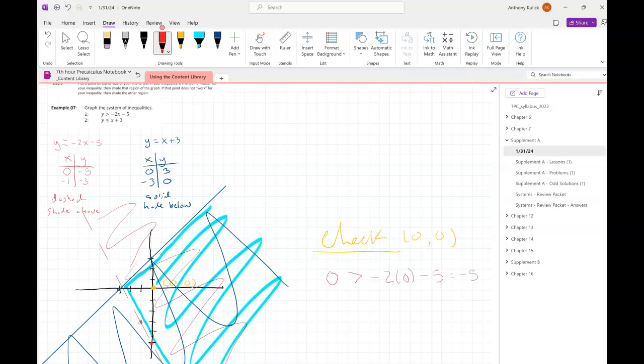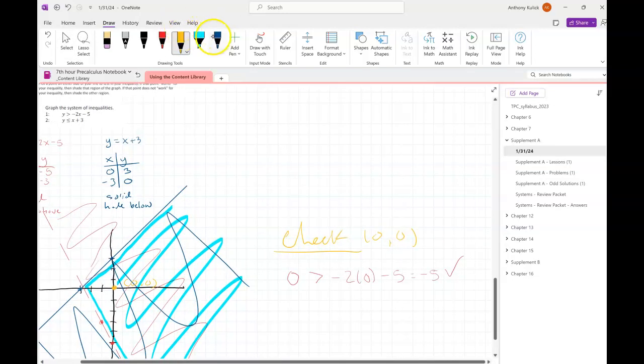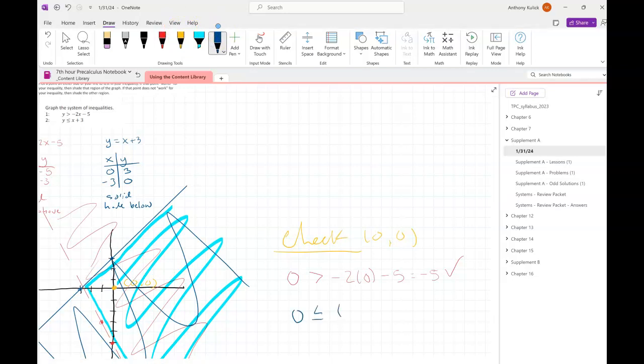So is 0 greater than negative 5? Yeah. If I do the same thing, I should have 0 is less than or equal to 0 plus 3. Well, is 0 less than or equal to 3? Yeah. So there's my check. Is that check flawless? No, sir. But it's decent.